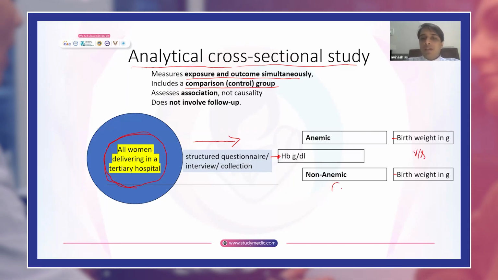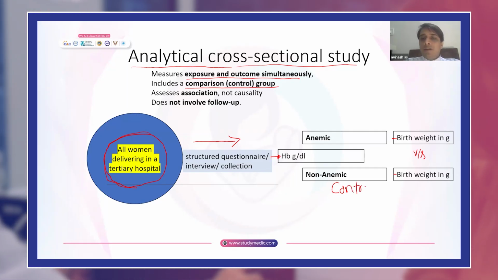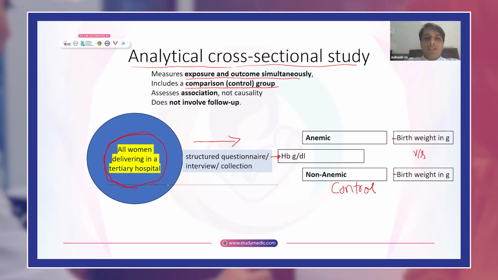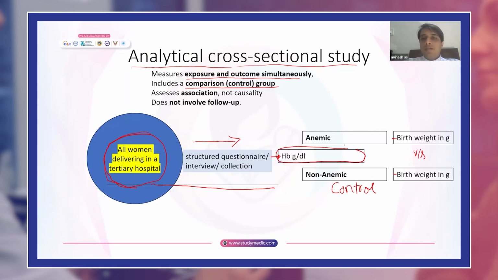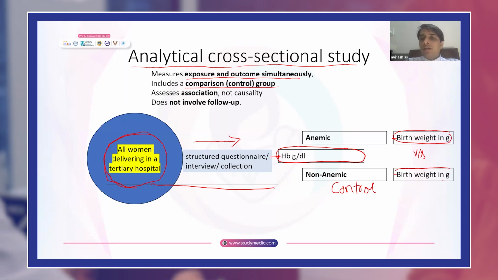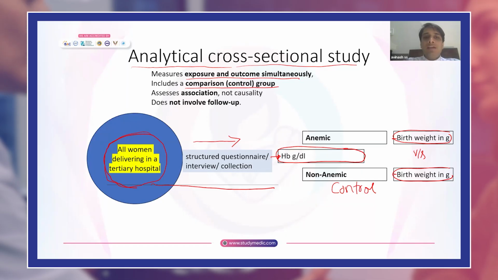That means we have a control here, which we divide after the collection. These are the anemic women. So this is a cross-sectional study because at a single point in time we collect the exposure, that is the risk factor, as well as the outcome, birth weight, and can see whether it is low birth weight or not. So this is having a control group.